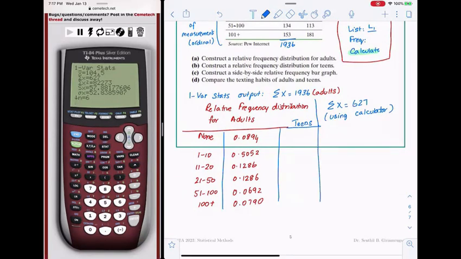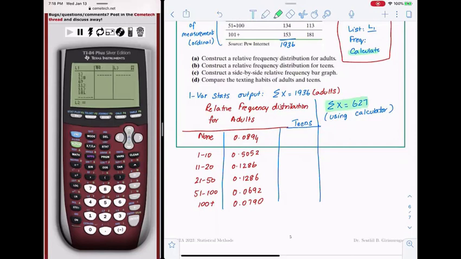We know the total sum now is 627 for the teen group. So I'm going to press second mode or the clear button. Press start, press 1, edit, go over and up. You will have the header selected.